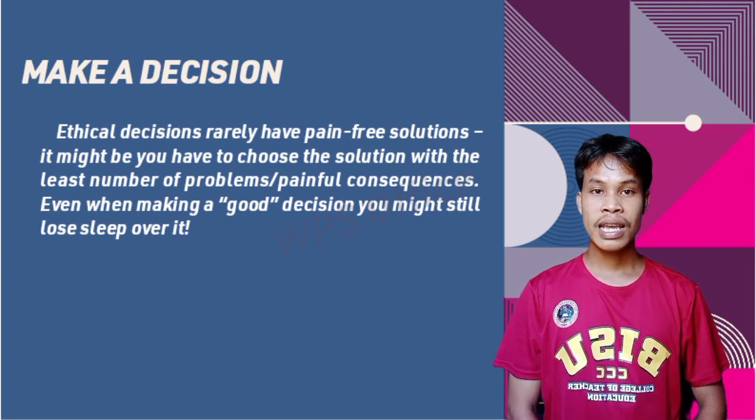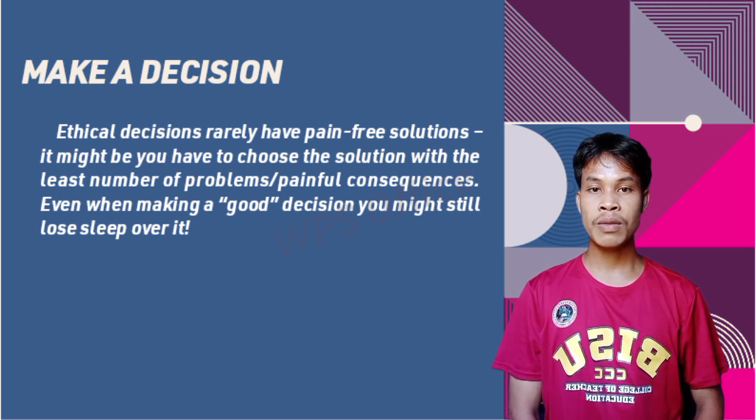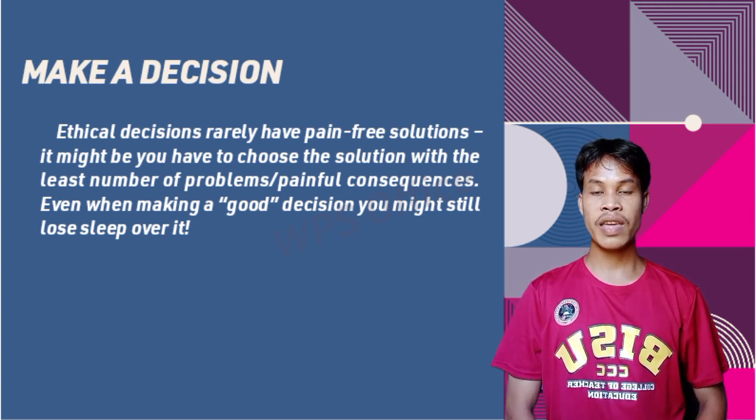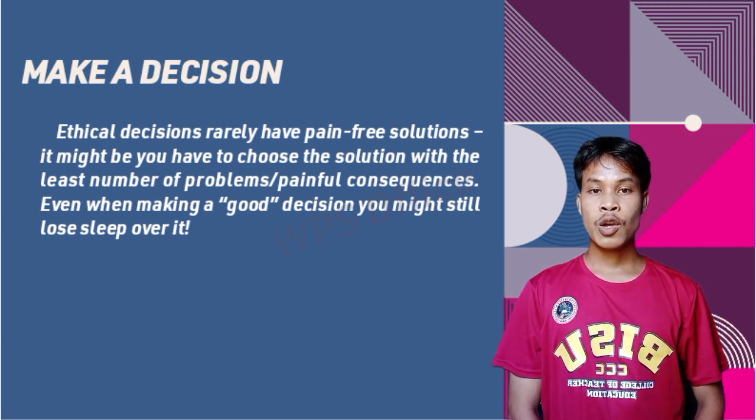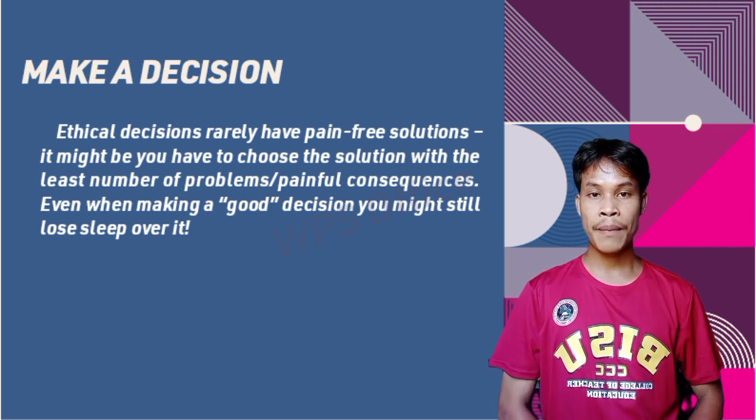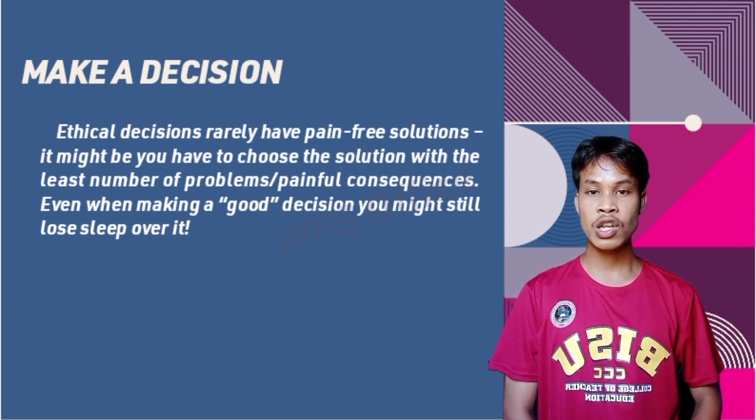Additionally, the decision should be made with a clear understanding of the individual's own ethical values and a commitment to act in accordance with them. The decision-making step in the model of moral reasoning requires a thoughtful and principled approach to choosing the most ethical course of action based on the evaluation of alternatives and their consequences.